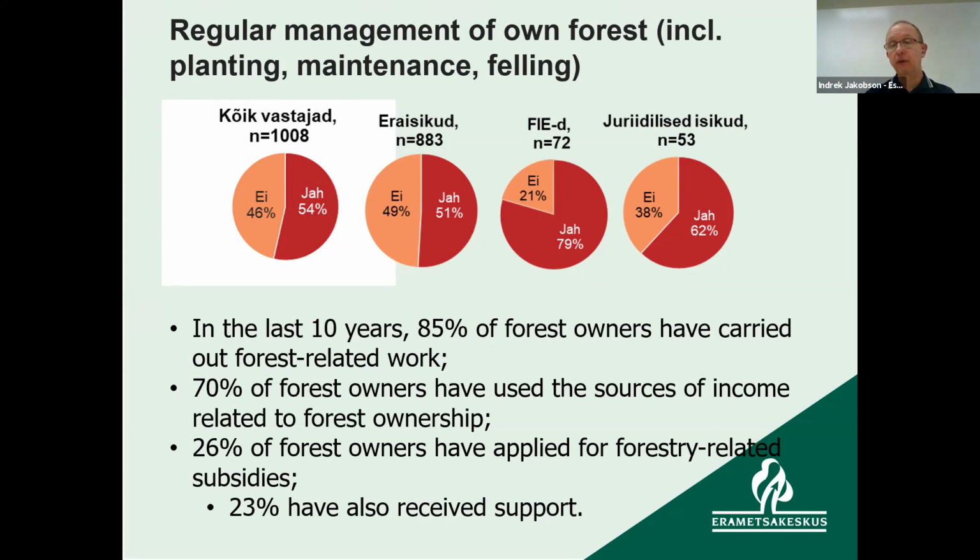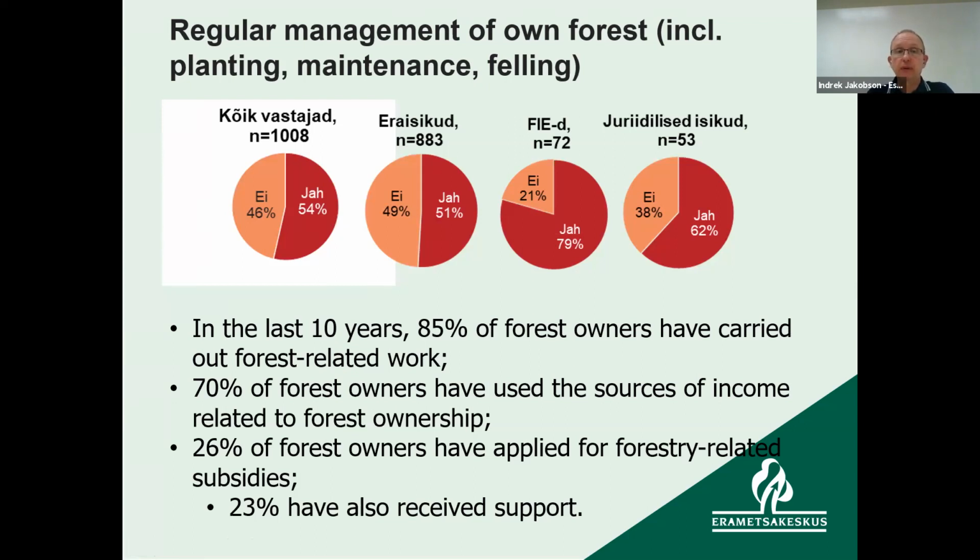But of course, in legal persons' forest, they have done a much bigger percentage. And what's strange, nearly half haven't done anything, but 85% are planning to do something during the next 10 years. So it means there is some contradiction between those numbers, but we don't even know what number we have to believe or not.